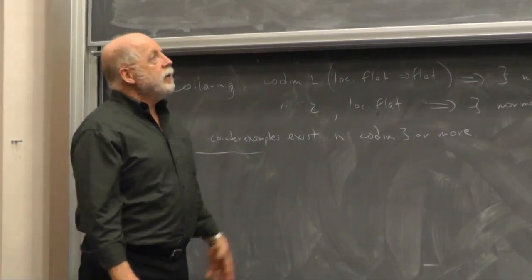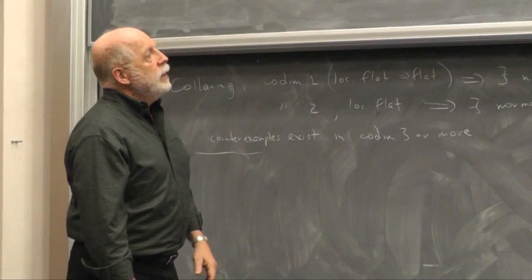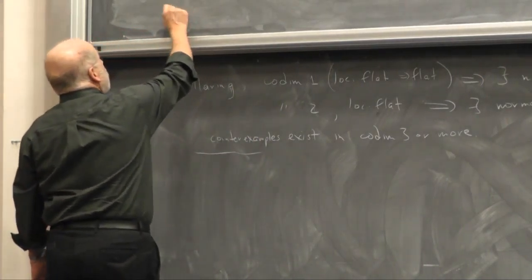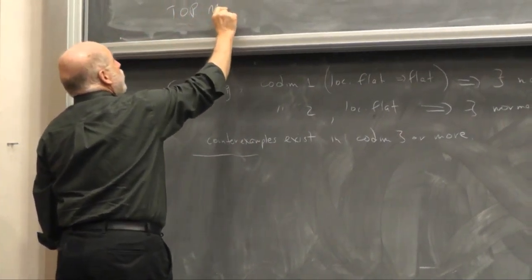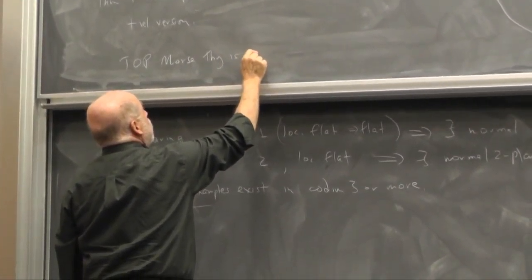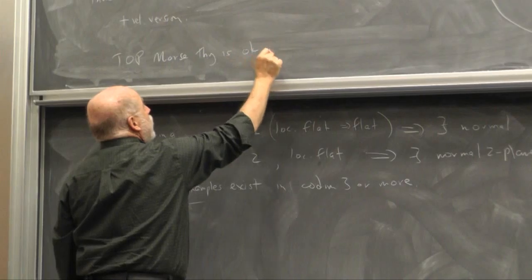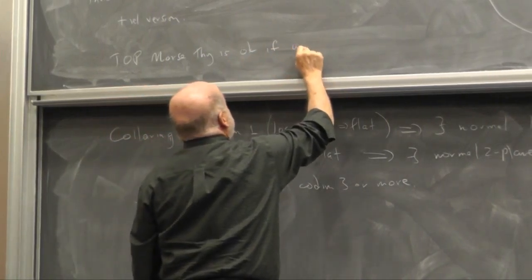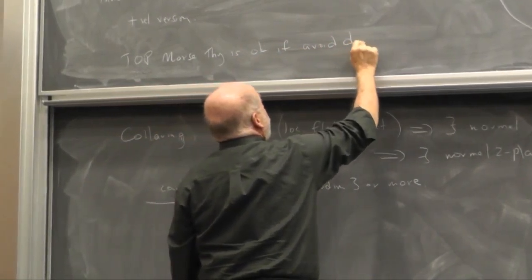So there's no surprises there, and that follows from transversality. So topological Morse theory is okay. Well, it's okay if you avoid dimension 4.